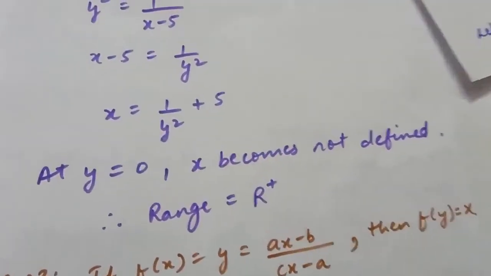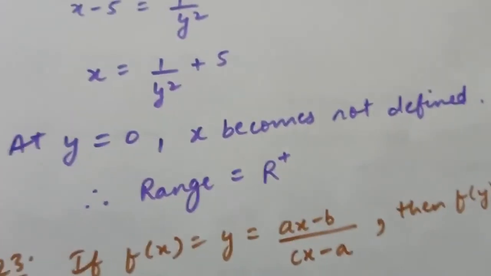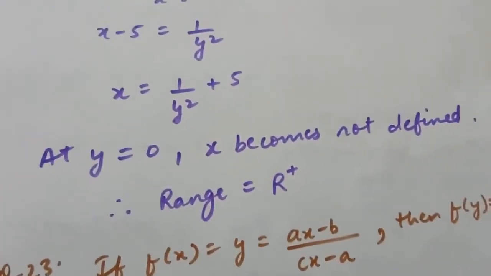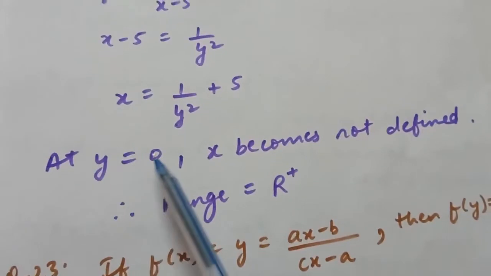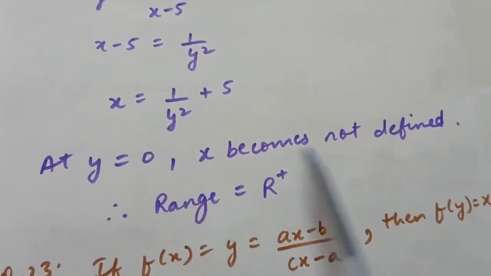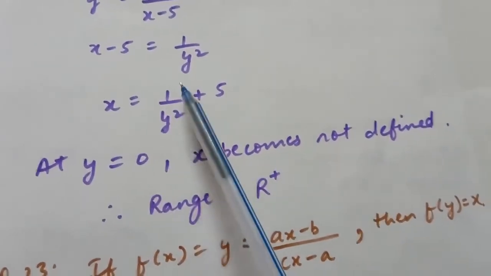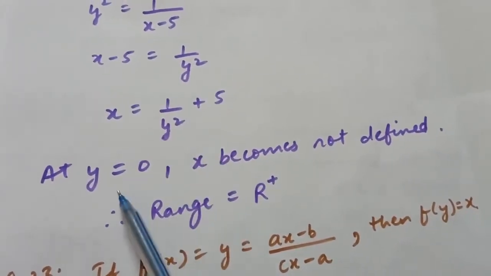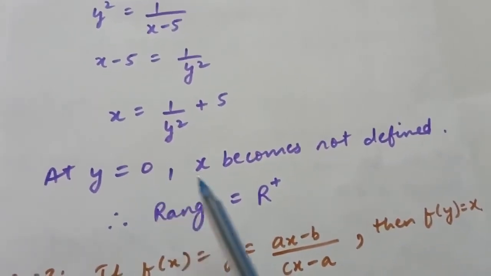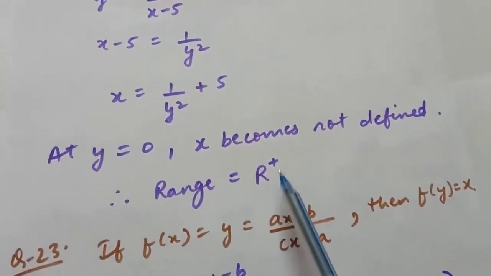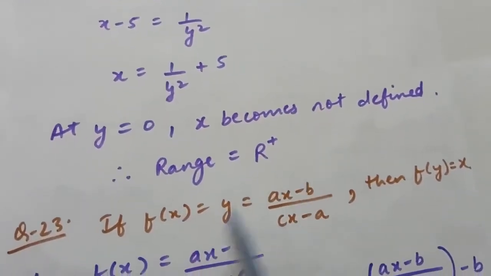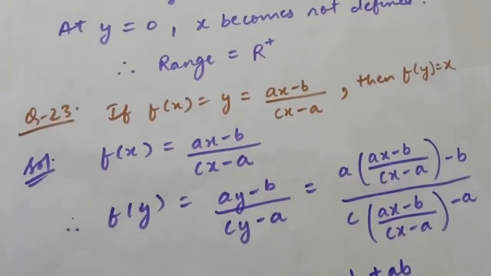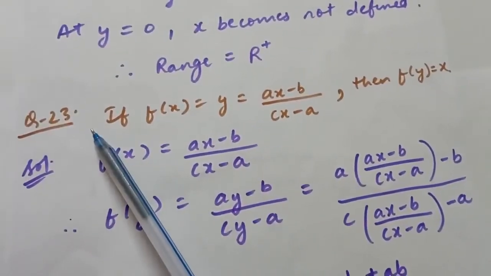We have just found the domain, which is from 5 to infinity. Now at y equal to 0, x will become not defined. Why? Because 1 upon 0 is infinity. So y cannot be 0. Therefore the range will be all positive reals, that is R plus. Clear?